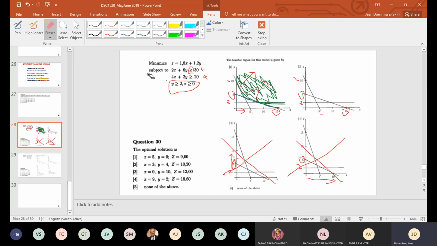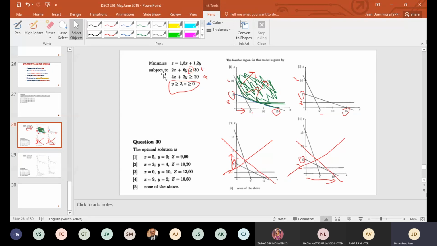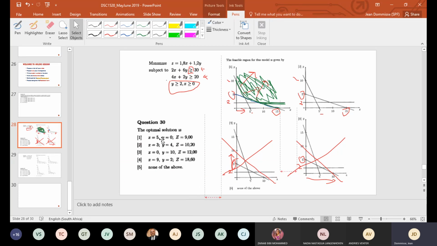Okay, so then basically question 30 was working with this set of numbers. Question 30 was basically you are sitting with, let me quickly, minimize equation.